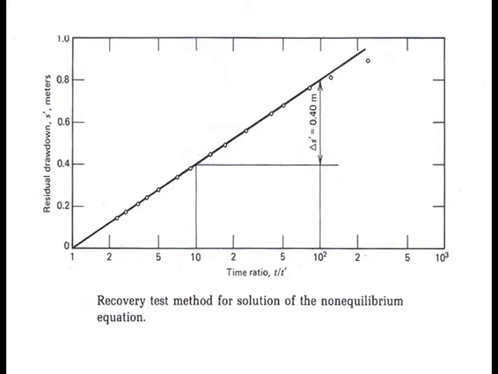When we put it in T equals 2.3 Q upon 4 pi delta s dash, you will get the transmissivity in meter square per day, when residual drawdown is measured in meters and Q is given in cubic meters per day. From this method, storativity cannot be calculated. So, this is about the Thies recovery method.